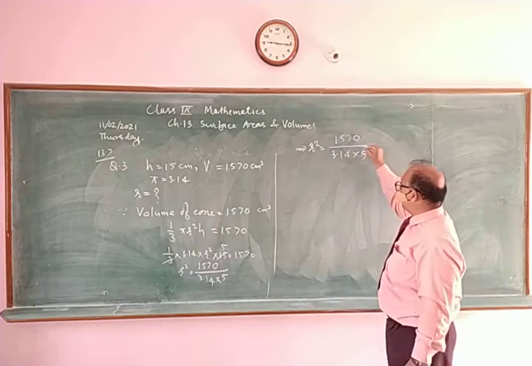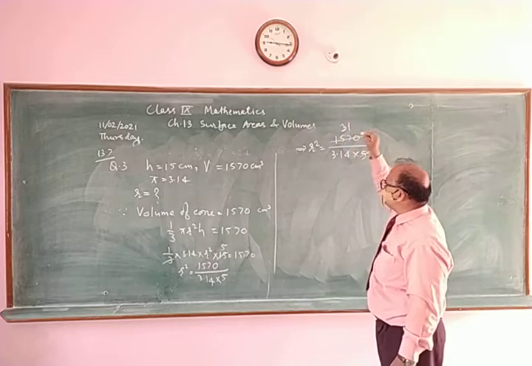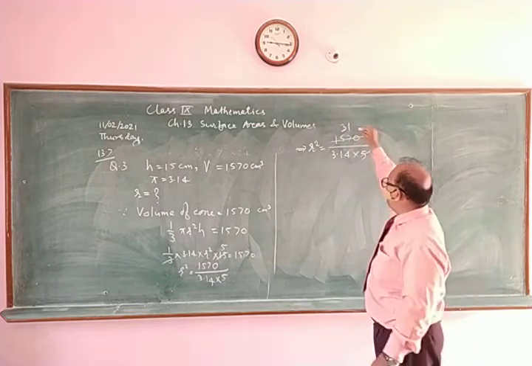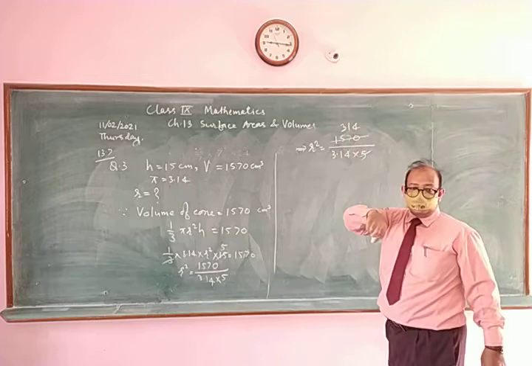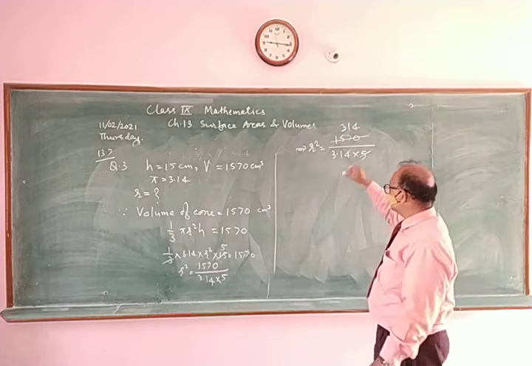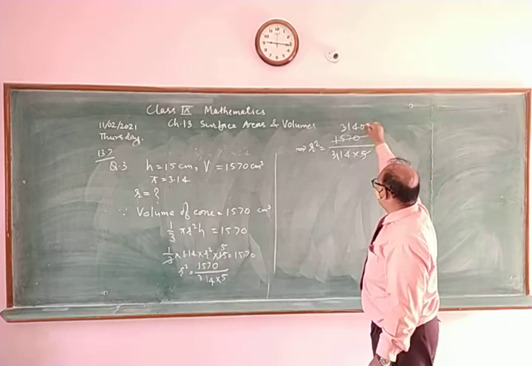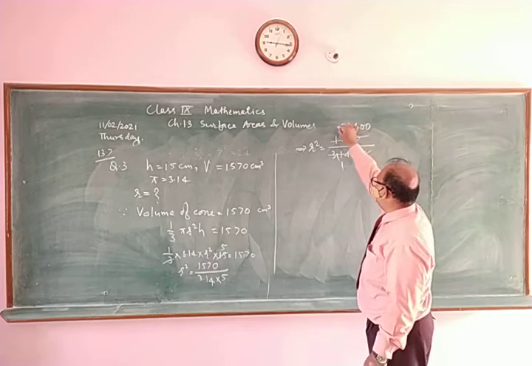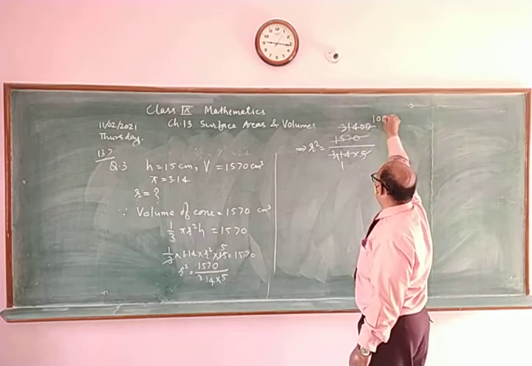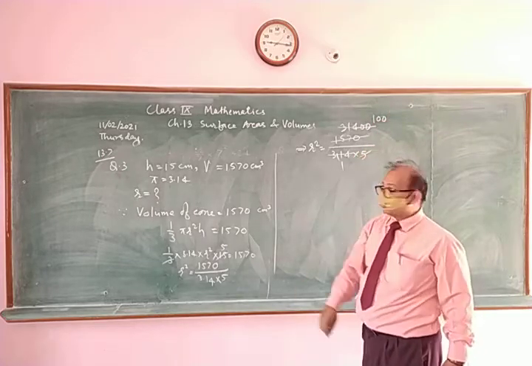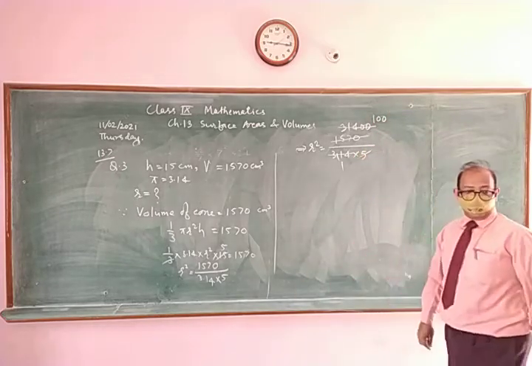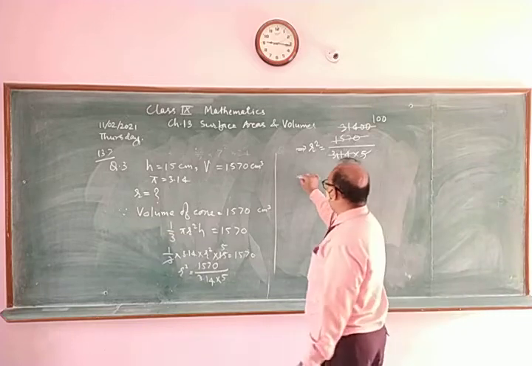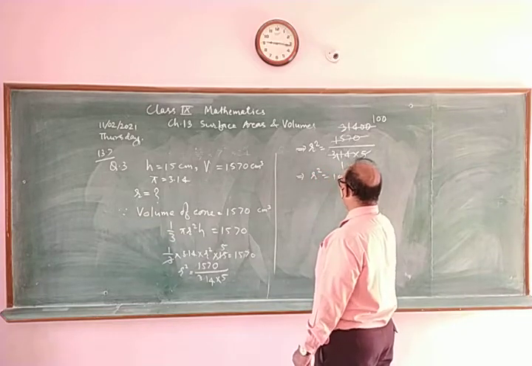Now look at it. 5 3s are 15, 5 1s are 5, 5 4s are 20. Remove this. Now 314 ones are 314 and 314 hundreds are 31,400. Okay. So r square is equal to 100.